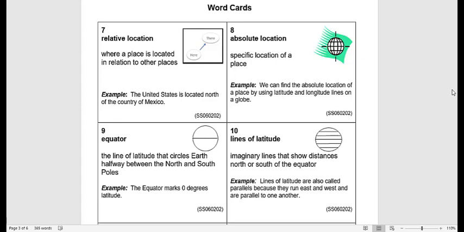If you've ever pulled up Google Maps or Google Earth or the GPS in your phone or car, that's using absolute location and latitude and longitude within absolute location to help determine where you are or where you're going. An even easier example of absolute location would just be the address of your house, right? That is an exact location, and no two addresses are alike, okay?